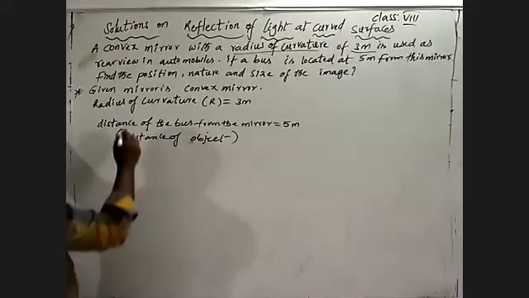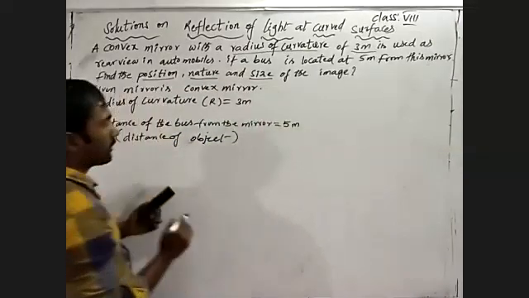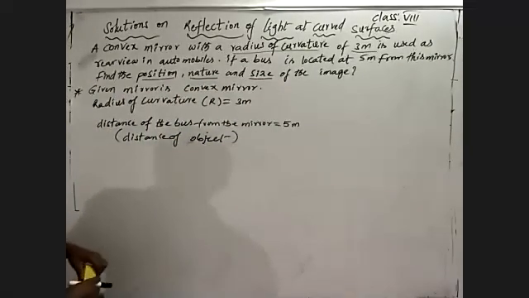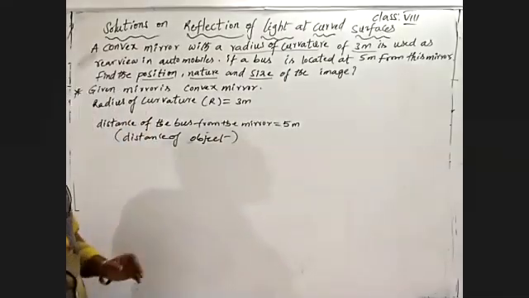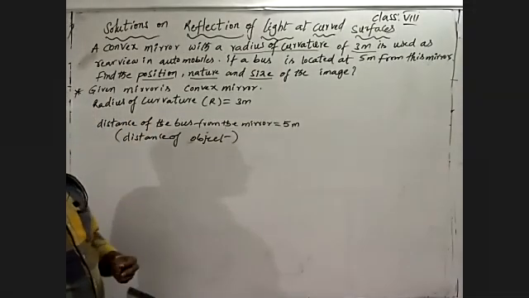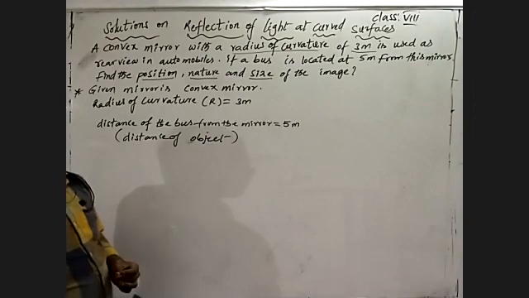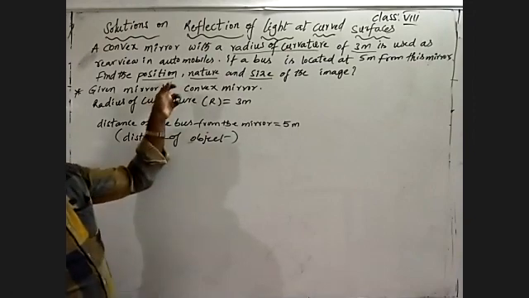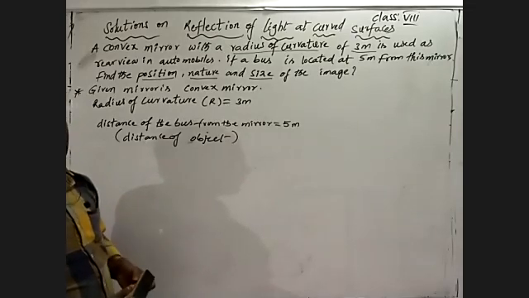But what we have to find is the position, nature, and size of the image. Position of image means at what distance the image is formed. Nature means what type of image, what is the character of the image.